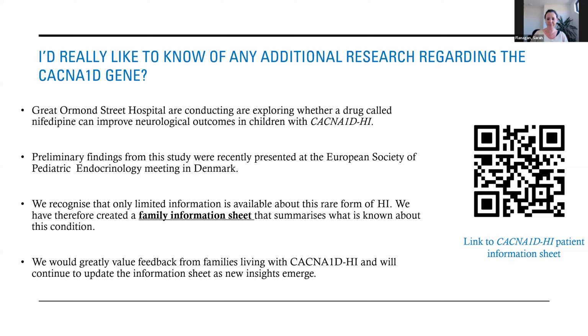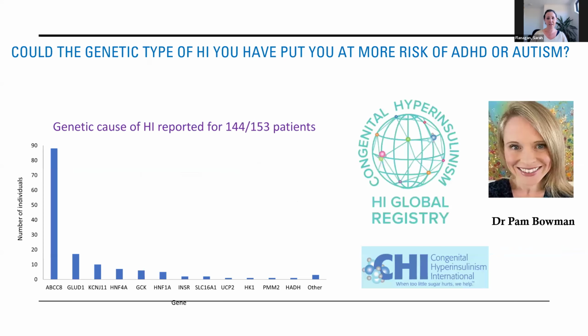The next question relates to whether or not we know if the genetic type of HI can put you more at risk of ADHD or autism. Again, this is another really timely question, and this is something that we are really interested in studying in Exeter. We're very lucky to have Dr. Pam Bowman in our team, who's a clinical geneticist with expertise in neurodevelopmental disorders and paediatric endocrinology.